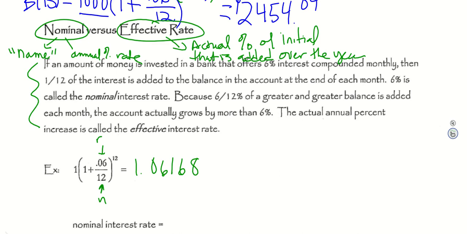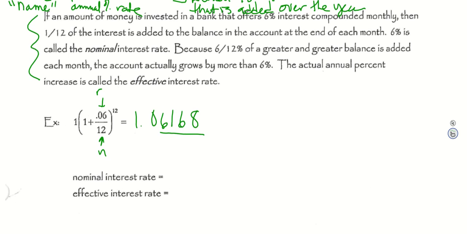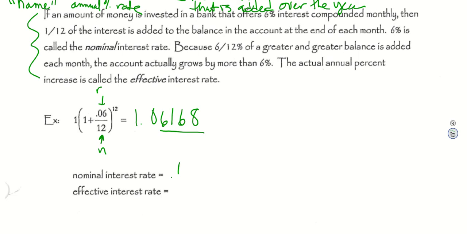6% of $1 is 6 cents, and you can see that what we've added is actually a little bit more than 6 cents. So if we come down here, our nominal interest rate is 0.06, which is 6%. But effectively, in the end, we actually added 6 cents plus a little bit more. And that effective interest rate, which we're going to call EIR, comes from what's going on here.